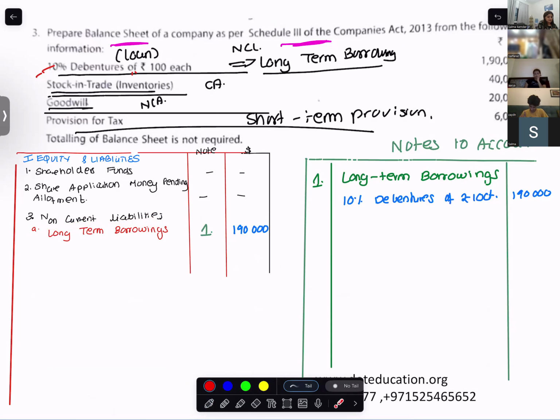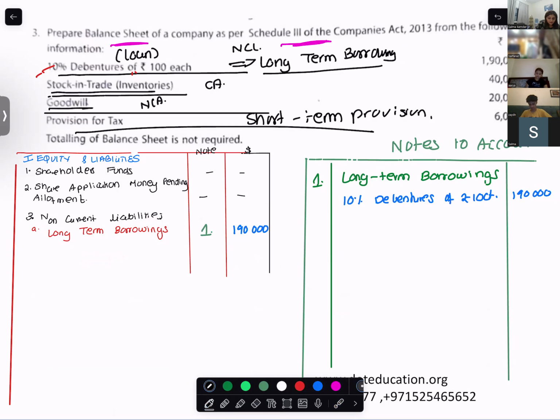Long-term provisions. What else? Deferred tax liabilities and other long-term liabilities. But here I have only one, so I will write only one. Are you with me?